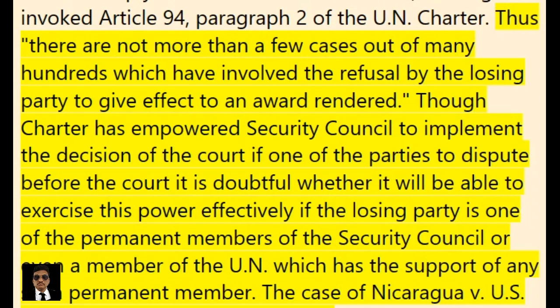Though the Charter has empowered the Security Council to implement the decision of the court if one of the parties to the dispute before the court fails to comply, it is doubtful whether it will be able to exercise this power effectively if the losing party is one of the permanent members of the Security Council or even a member of the UN which has the support of any such permanent member. The case of Nicaragua v. U.S. 1986 is a glaring example of this.